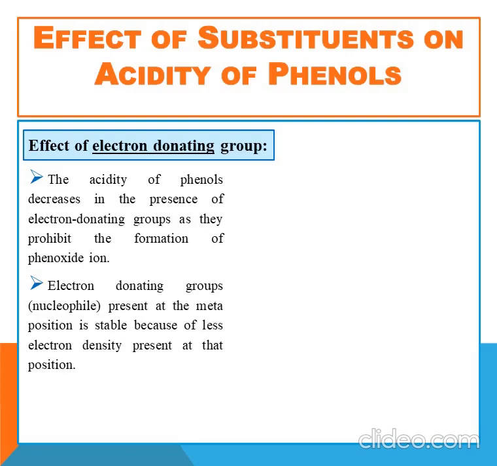So if we attach an electron donating group at the meta position, the structure will be a stable compound. But if we try to put electron donating groups at the ortho and para positions, it is not possible. Why? Because there are already more electrons present at those positions, so an electron donating group cannot be attached there.